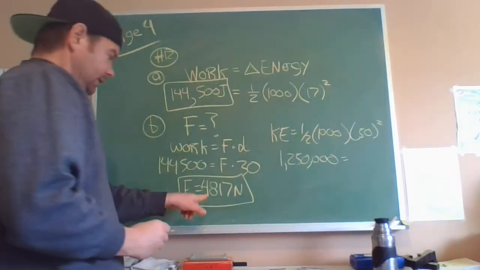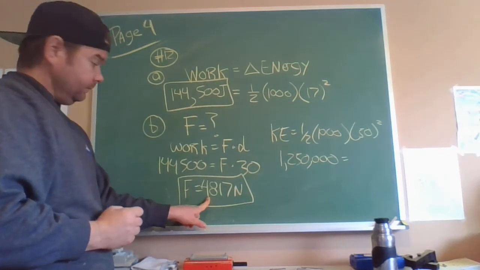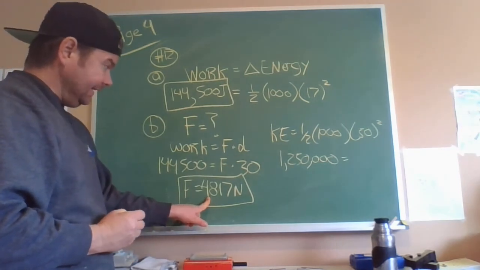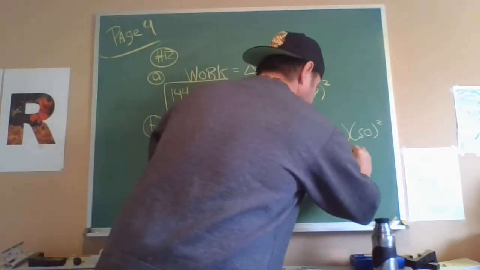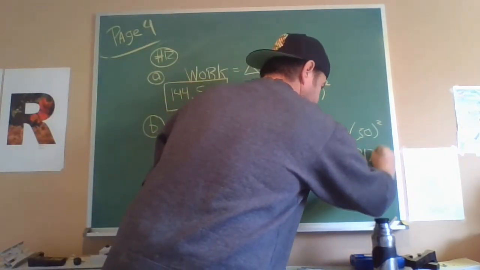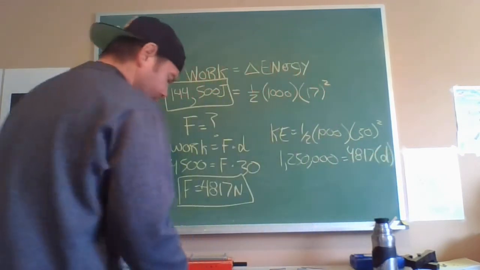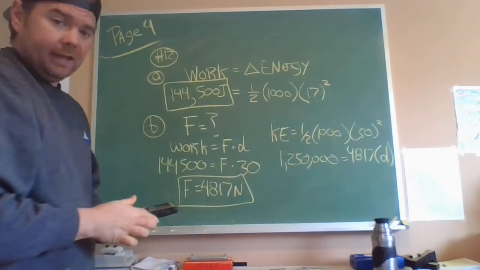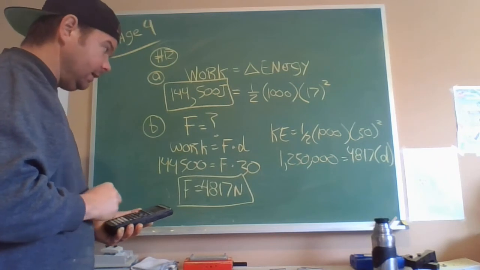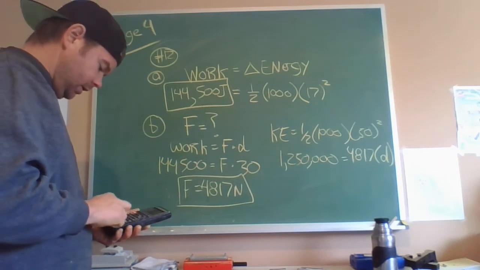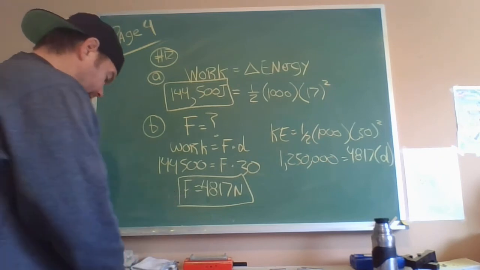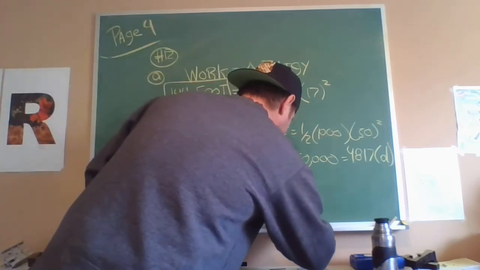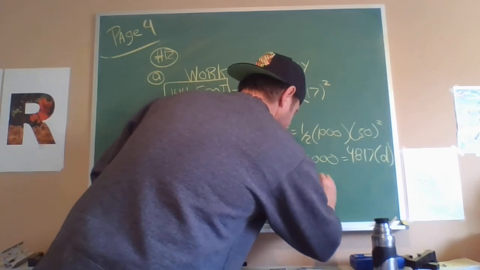The amount of force that the car can apply to get it to stop is this number right here, 4,817, and it has to be applied over a certain distance, and that's what we're trying to solve for, right? So if I take 1,250,000 divided by 4,817, I get 259 meters.